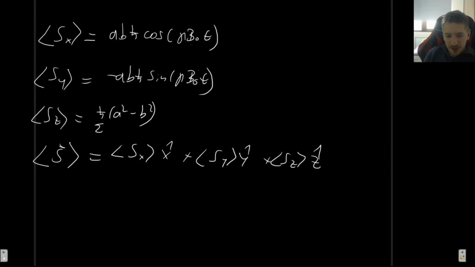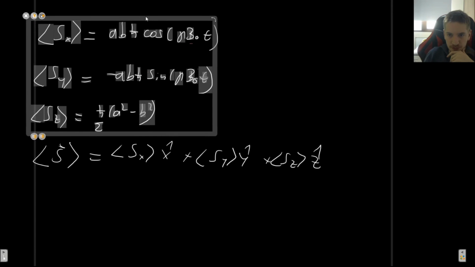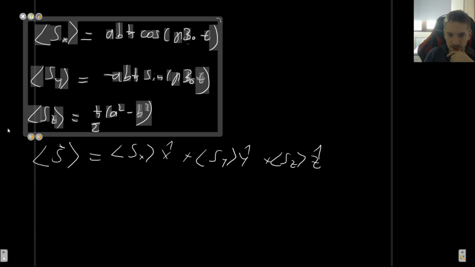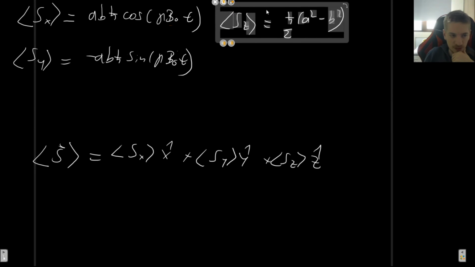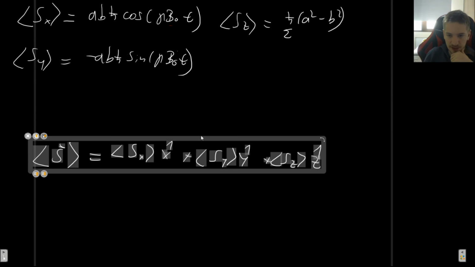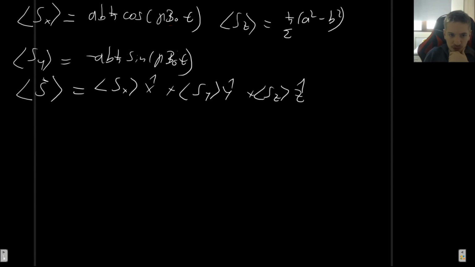So to get an idea of what's going on here, let's sketch this vector that we have just found. I'm going to move this up a little bit, maybe put the Sz over here so that I have more space, and this up here. Okay, so let's just make a quick three-dimensional sketch here. Maybe I'm going to try to make an actual straight line.